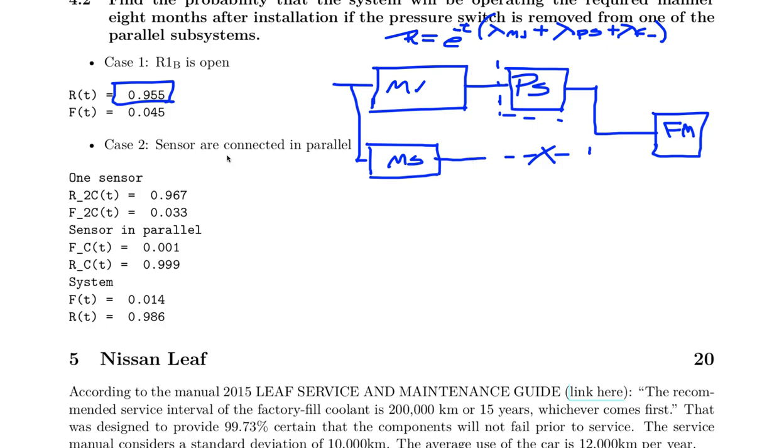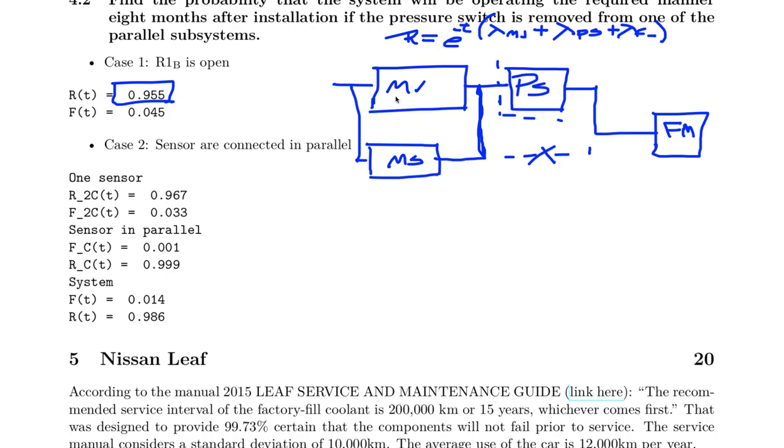The other case, if it would connect, which is the obvious kind of choice, you won't do anything else, so you have two moisture sensors in parallel and then two in series.